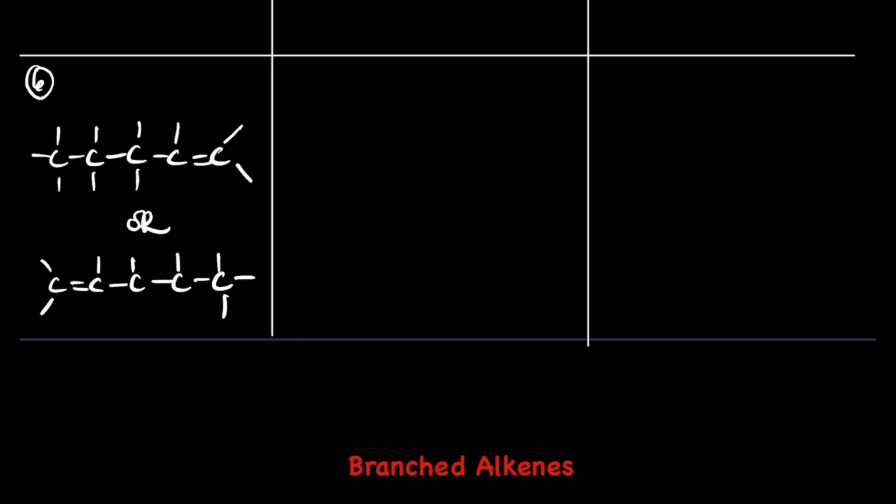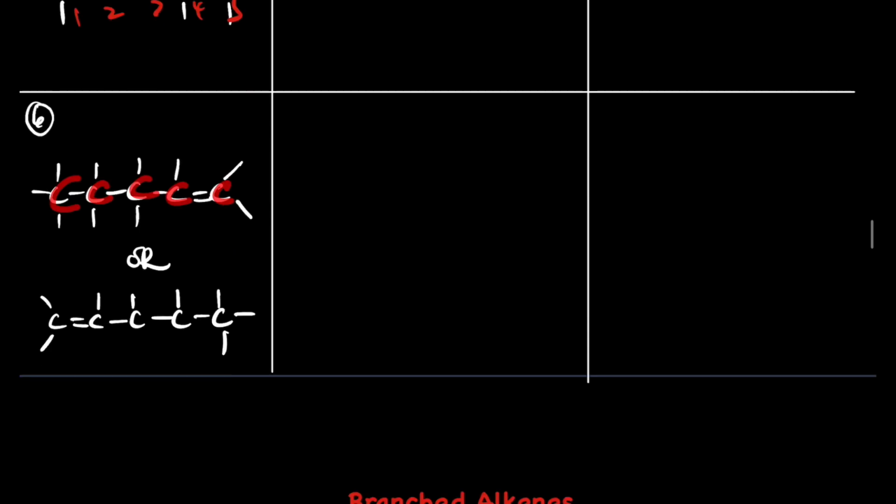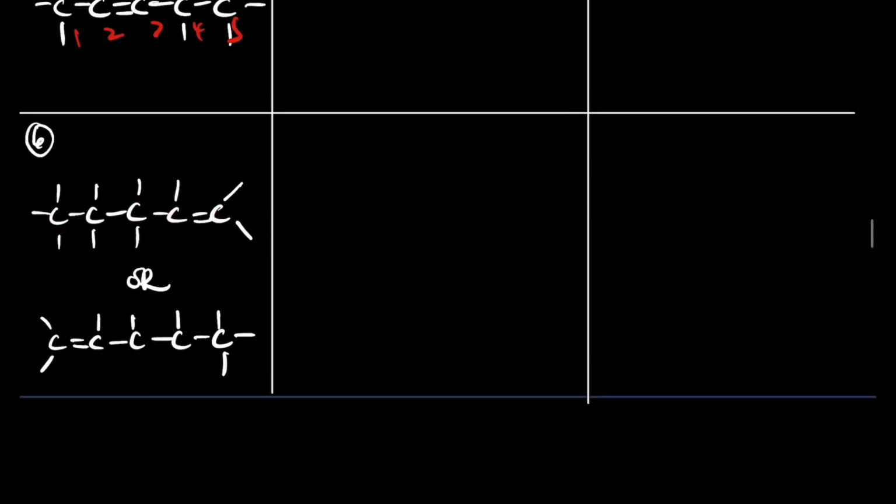Okay, the last example here. Now in this example we have how many carbons? 1, 2, 3, 4, 5. Now if you look at the double bond, it's at the end, right? So this will be carbon 1, 2, 3, 4, 5. It's between 1 and 2, so it's going to be 1.